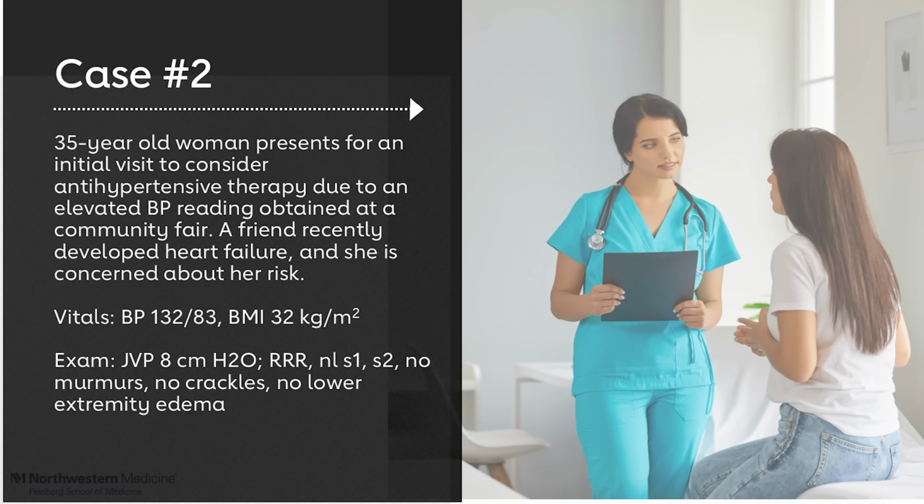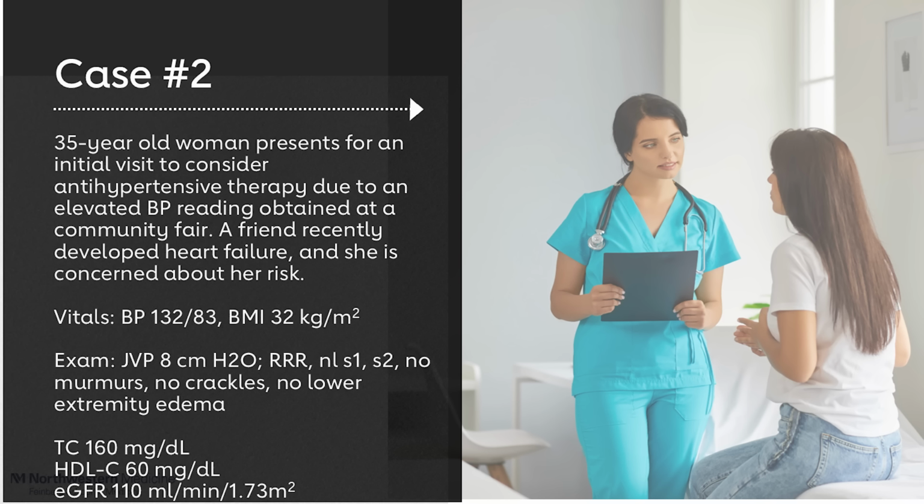Now let's take a look at the second case, where we have the same blood pressure reading, but some differences. This is a 35-year-old woman who came in to discuss antihypertensive therapy, also due to an elevated blood pressure. We see the same blood pressure reading, the same BMI, and a similarly unremarkable exam.